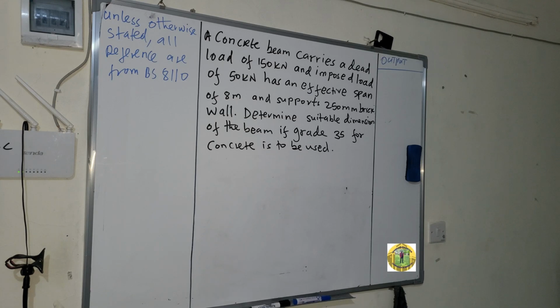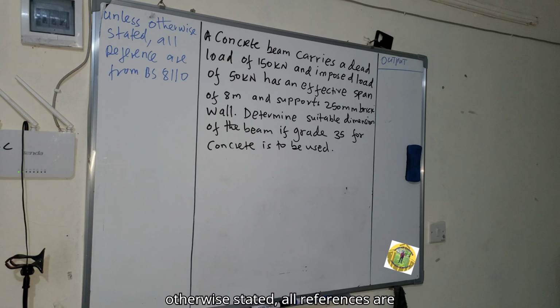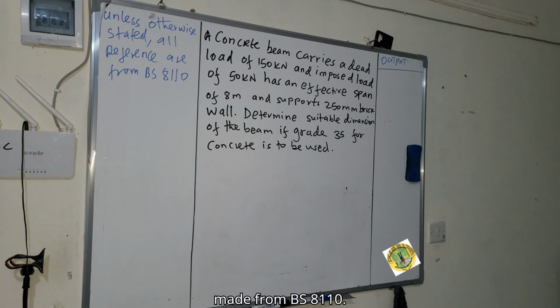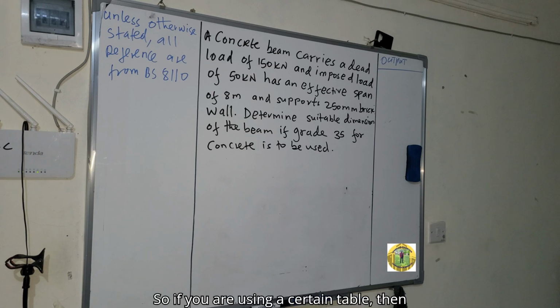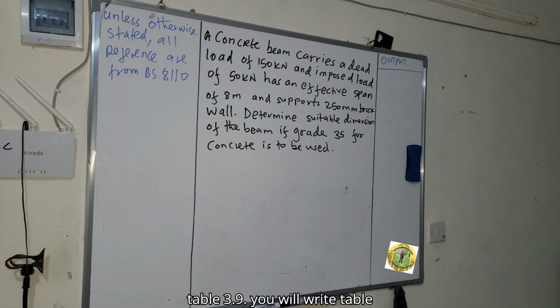For example, as you can see here at the top, unless otherwise stated, all references are made from BS8110. So if you are using a certain table, then you have to write it here. For example, table 3.9, you will write table 3.9 from BS8110.